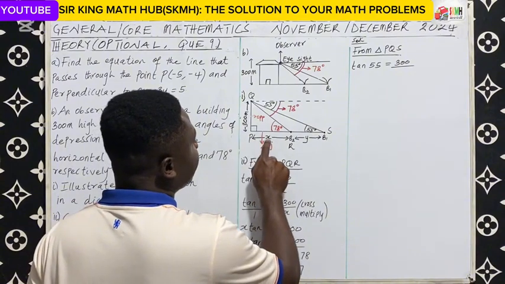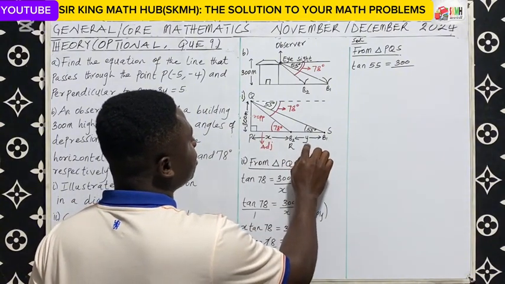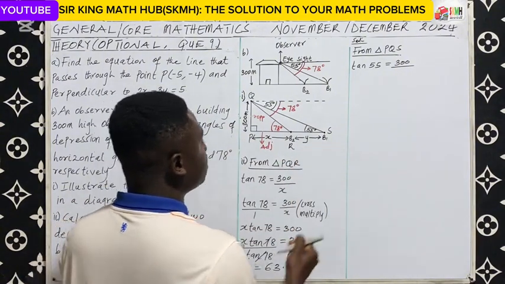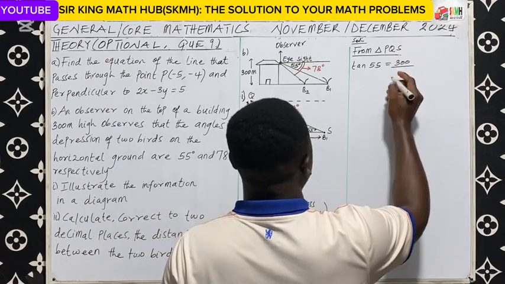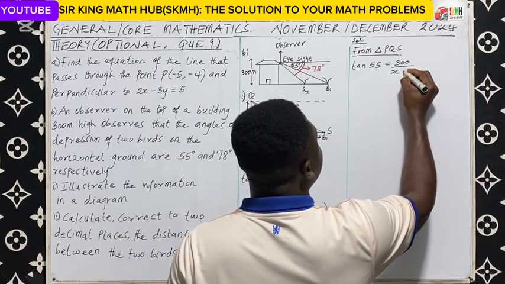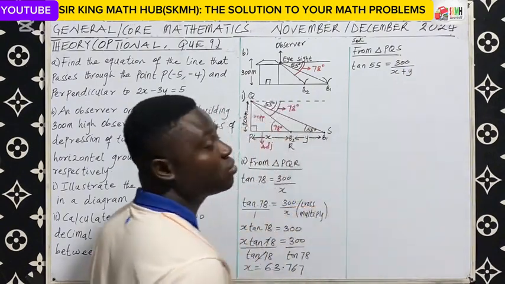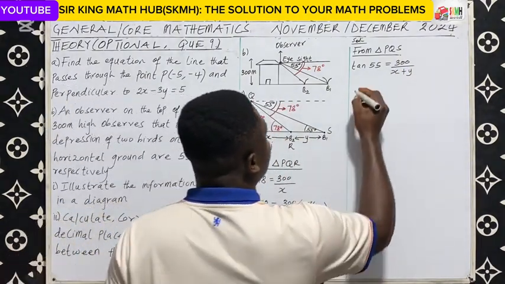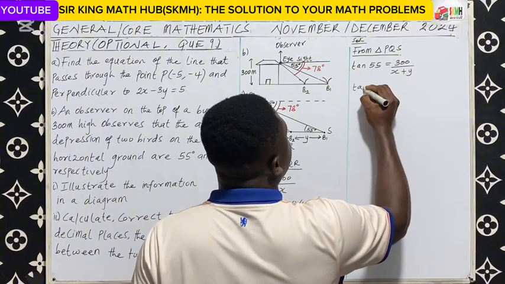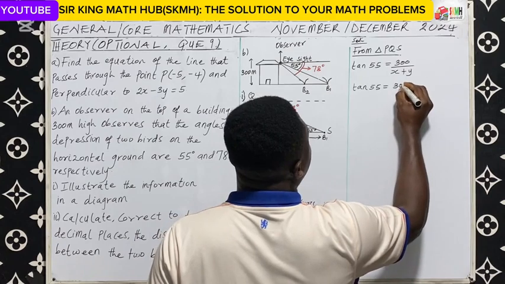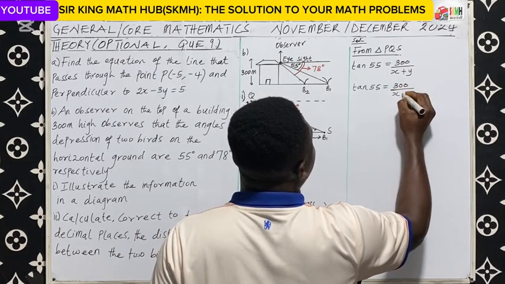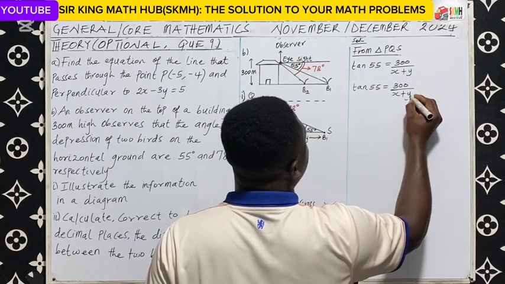One part measuring x and the other measuring y. So the full length of the adjacent with respect to triangle PQS is x plus y. So we have tan 55 is equal to 300 divided by x plus y.